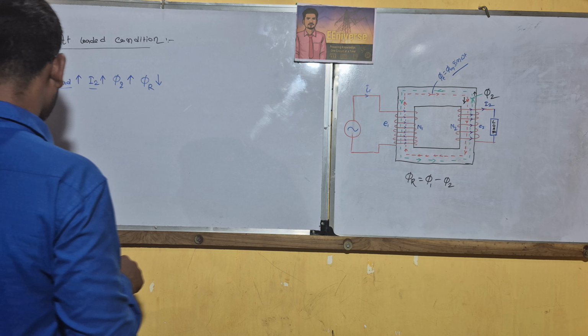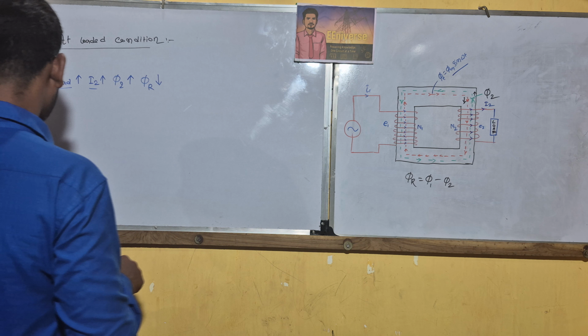That means that is the turns ratio, which equals A. So we can write I1 equals Im plus I2 by A, equals Im plus I2 dash.